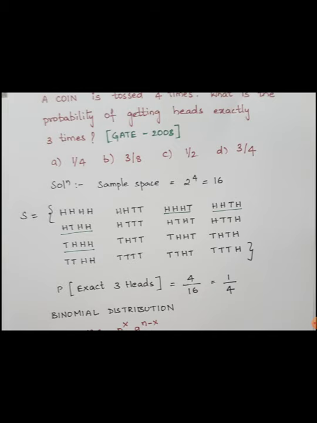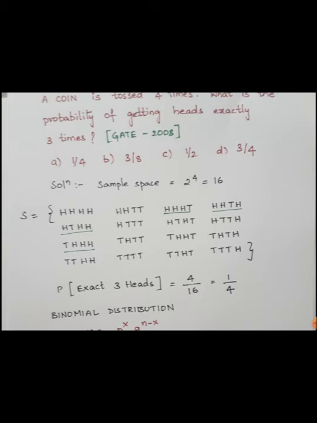Writing all the possible outcomes, see in which outcomes there are exactly 3 heads. I have underlined them in green. How many? 1, 2, 3, 4. So I may get 3 heads 4 times.